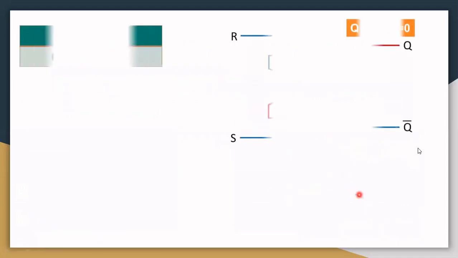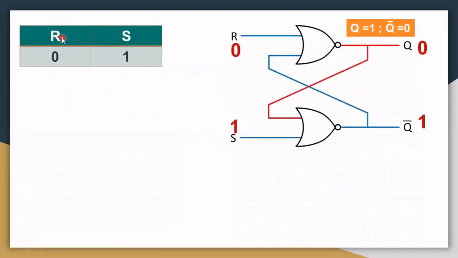Let me consider one state in which R is set as 0 and S is set as 1. So I'm giving R 0 here and S is equal to 1. And remember, flip-flop can store 0 or 1.